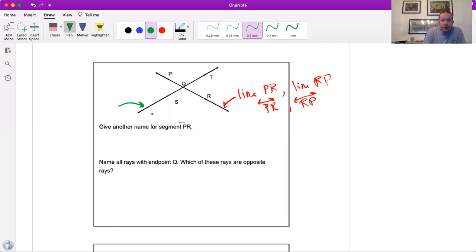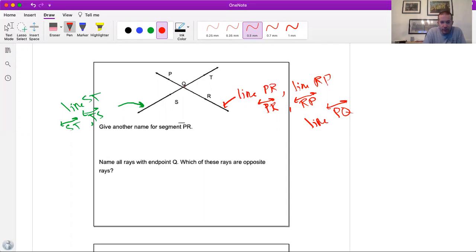Similarly, for this line, I could call it line ST, or ST with a double arrow, or TS with a double arrow. There's a lot of different ways I could write that. If I wanted to get creative, I could also call this line PQ. You can see Q is right there in the middle.